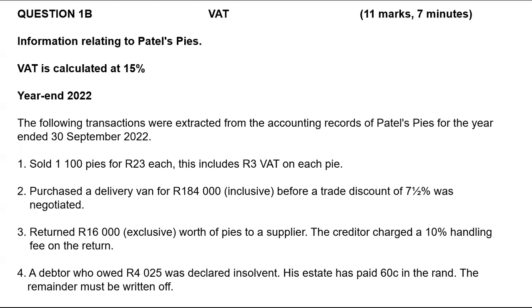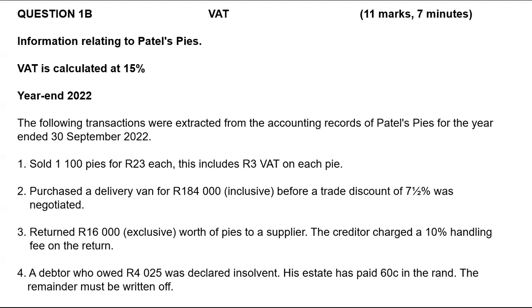Now, the creditor charged a 10% handling fee on the return. This question, I think it came out in the November 2022 paper, but it was under financial statements where we had to recognize that handling fee as an expense.